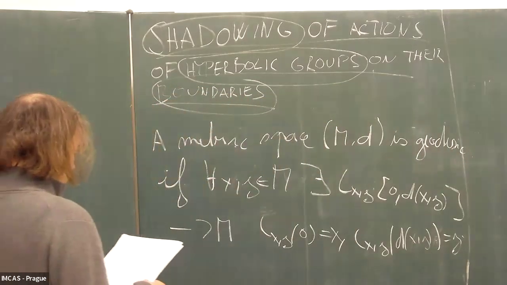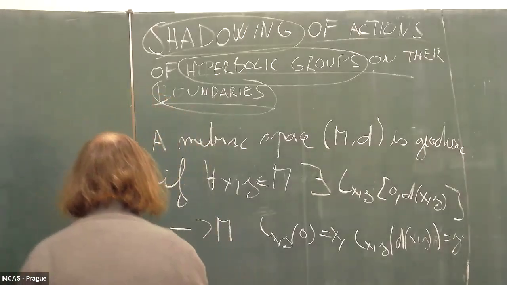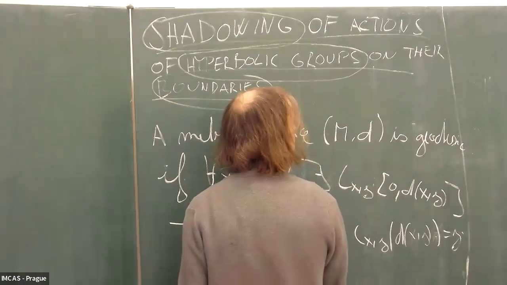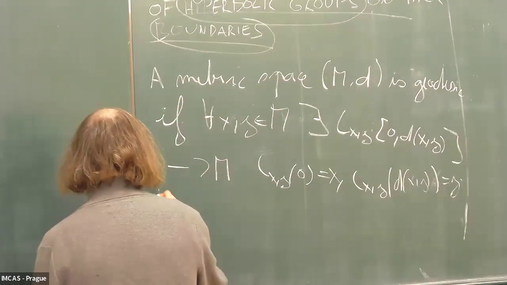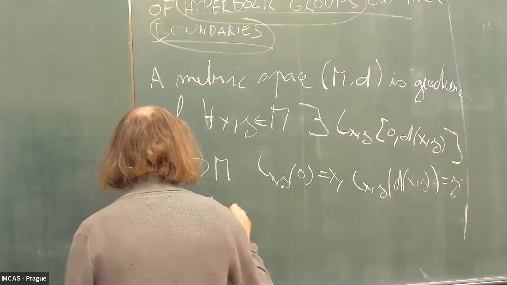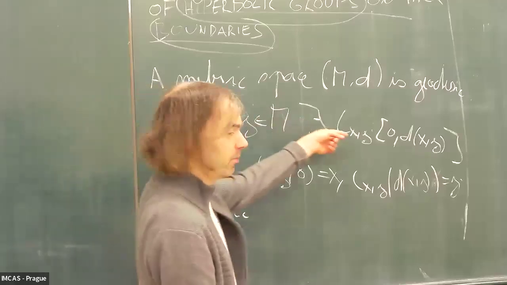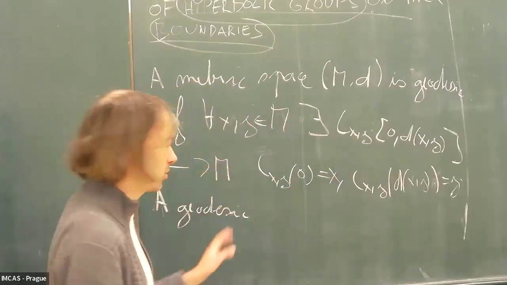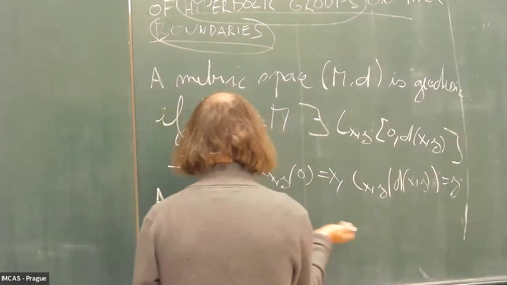And then in general, by geodesic, I will mean either this map connecting two points or the image. So I will confuse the map and the image.